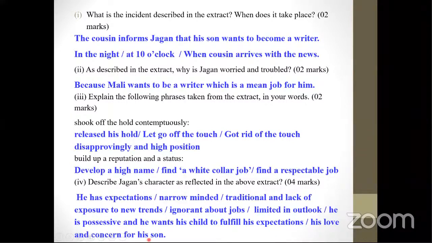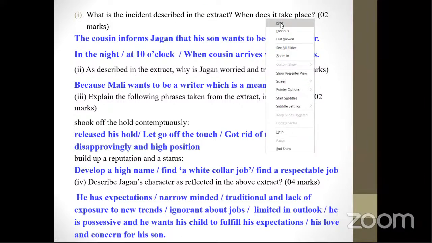So his love and concern for his son, any of the answers, you see how many parts are coming in different ways, but the same idea is connected in different words. You have the possibility to give the answer in your own words. That is what it says, in your own words.